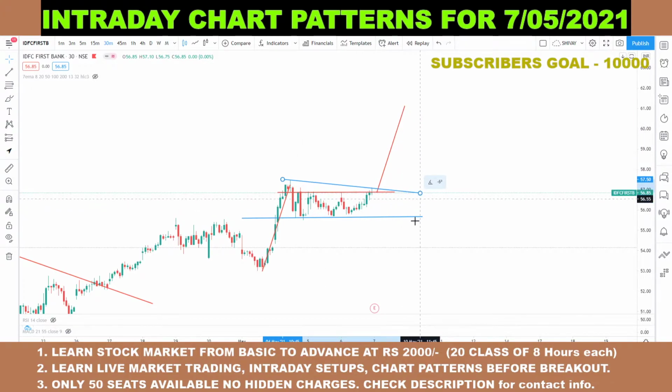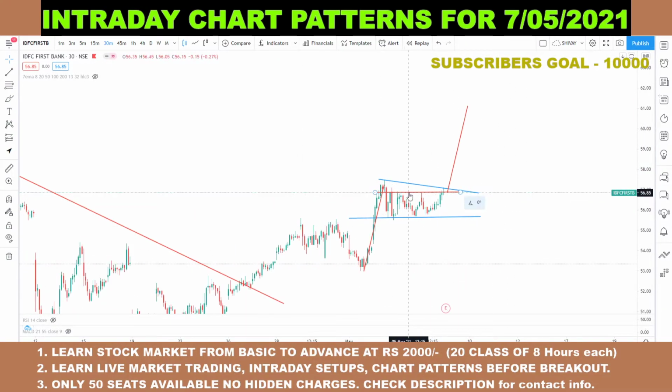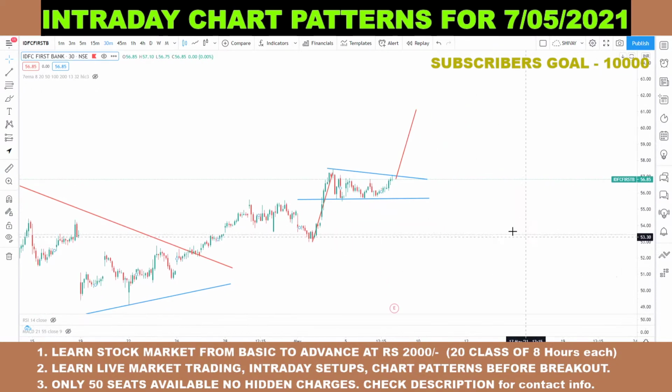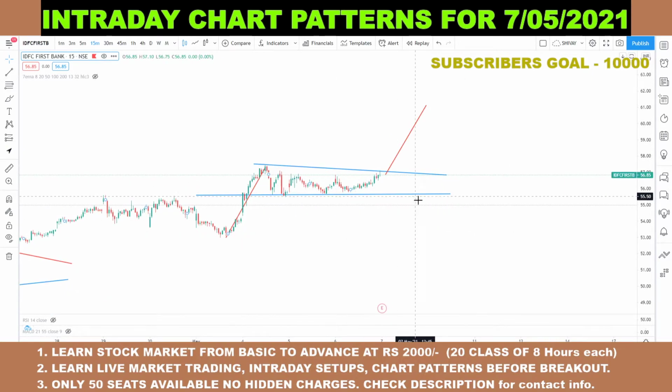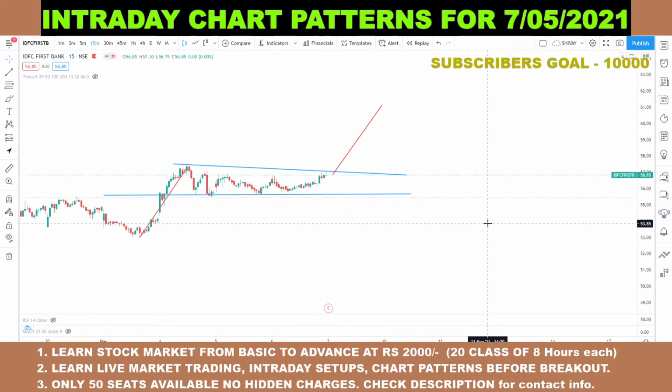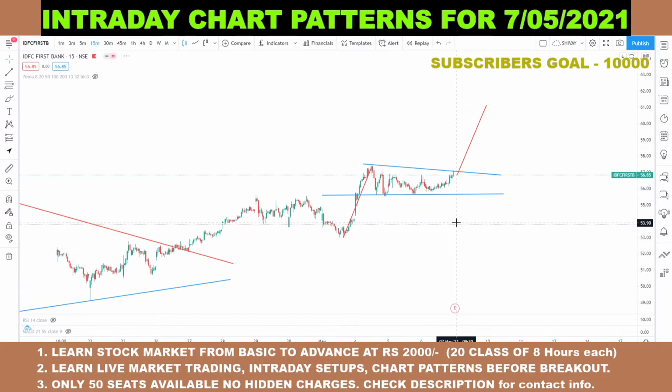So if you shift it like this, okay, let's make this a new resistance line. Okay, if the stock opens flat, goes above the high of this candle 57.1020, let the candle close above that price, and then only consider buying this stock in 15-minute time frame. Okay, so you can achieve a huge target tomorrow.